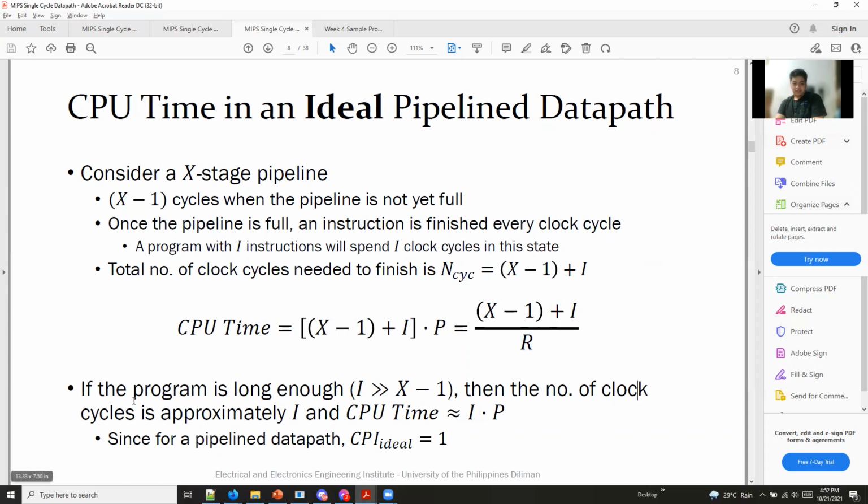So, ideally, yung additional steps to fill up the pipeline, hindi masyadong na-matter. For example, malaking-malaki yung number of instructions, proportional na yung number of instructions sa number of cycles, or parang almost equal na sila. So, yung CPU time natin is parang instruction times yung clock period or divided by the clock frequency.